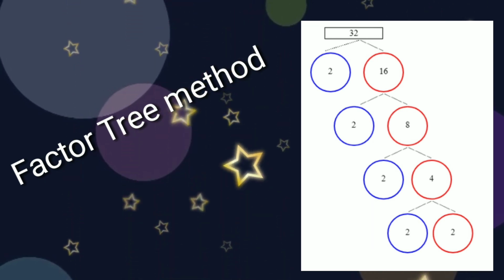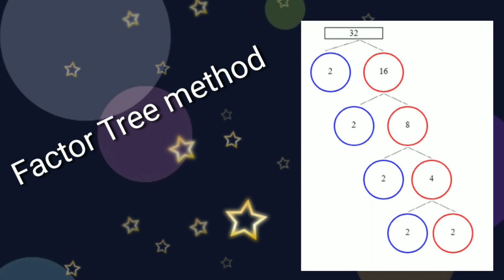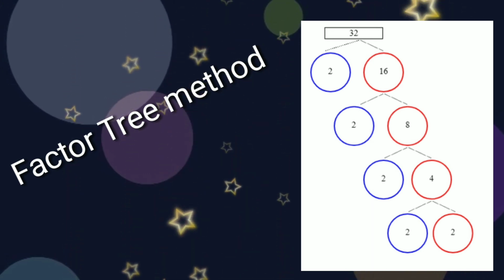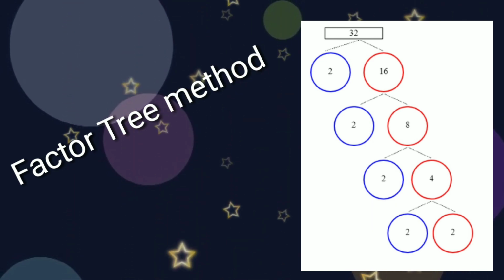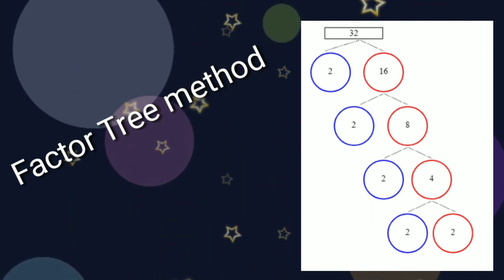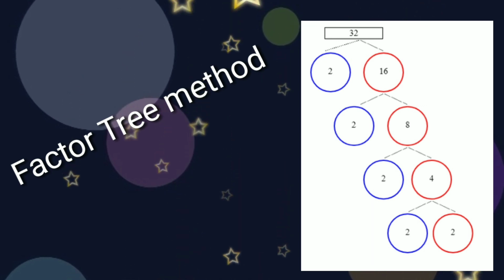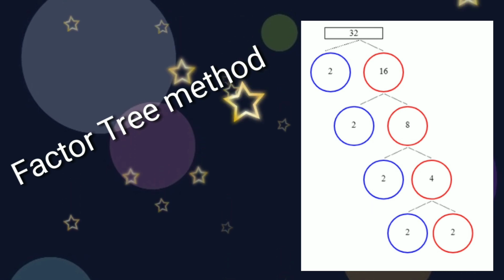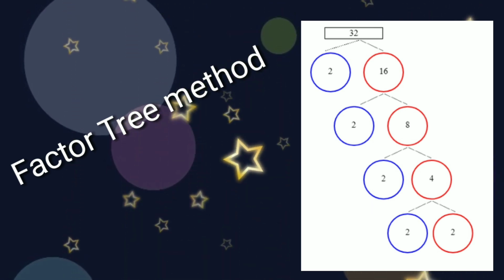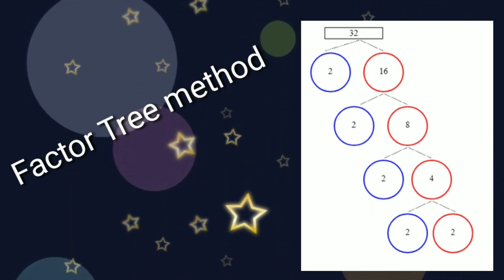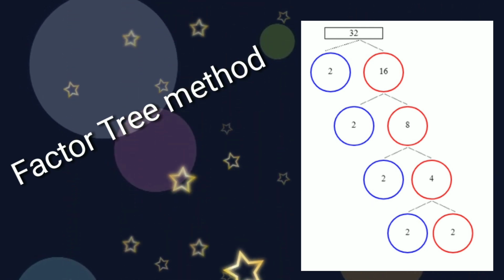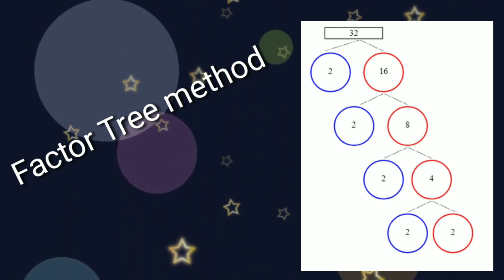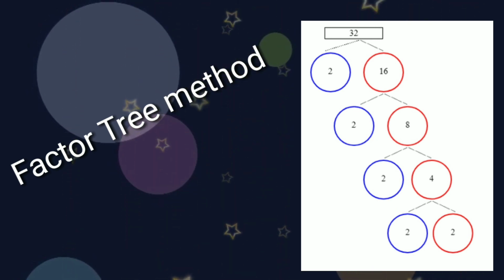Again we split branch 8 into 2 sub-branches, 2 and 4. Similarly, we split the branch of 4 into 2 branches, 2 and 2. We get 2, an even prime number, and all the remaining branches are 2, which is an even prime number. Therefore, we don't split again. Then we stop here. We get the factor tree of 32.